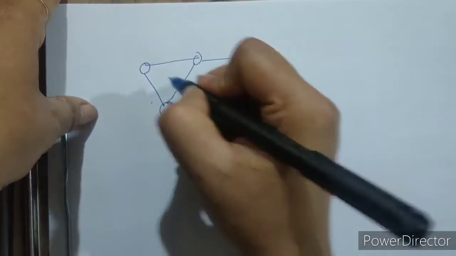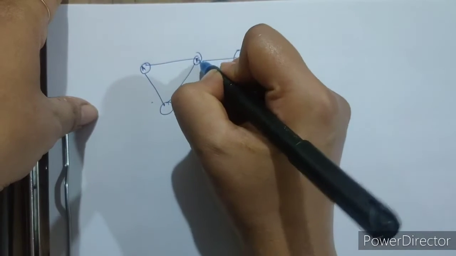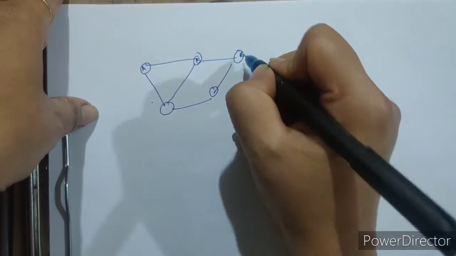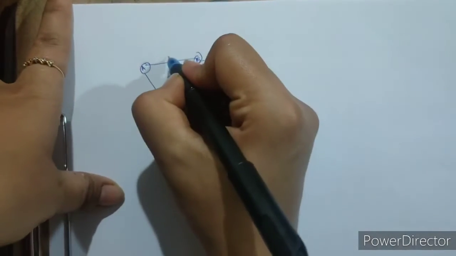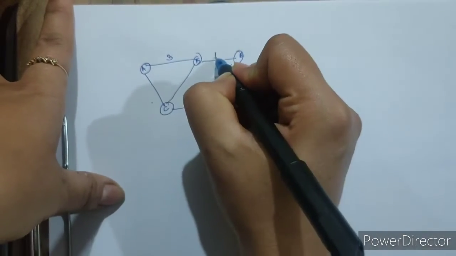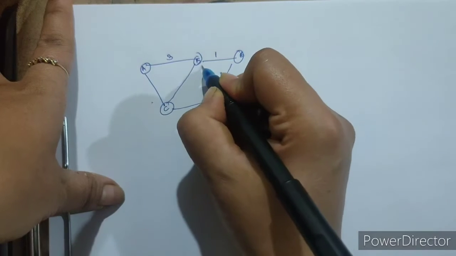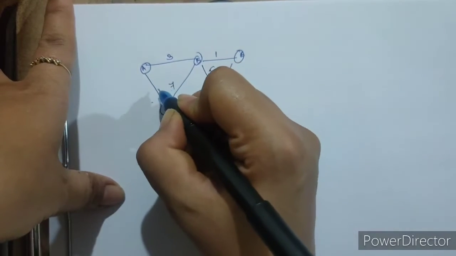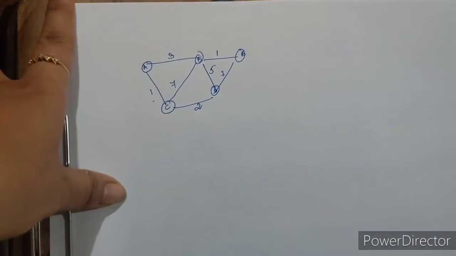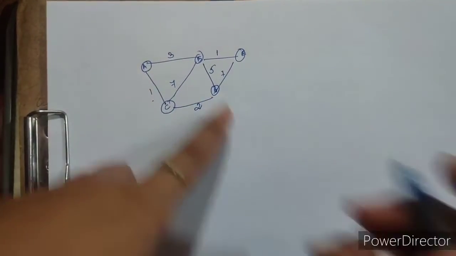This is A, this is B, this is E, this is C, and this is D. The distances are 1, 5, 7, this is 5, this is 2, this is 7, and this is 1. All right, so step 1.